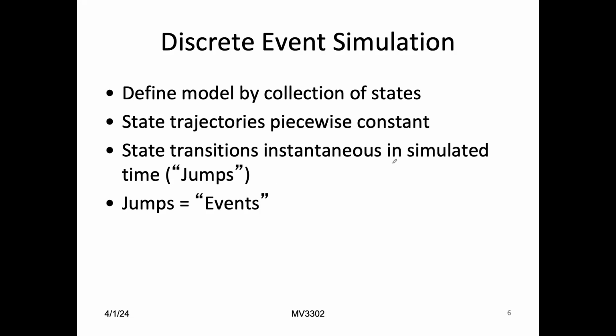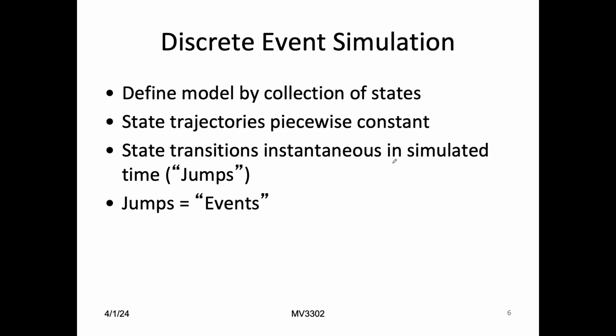Why? Because it turns out to be a very challenging problem. So one state that we might have is how many people are waiting in line. Or think of the food place: sometimes you go there and you can get served right away, sometimes there's a line. So a state of that would be how many people are waiting in line.